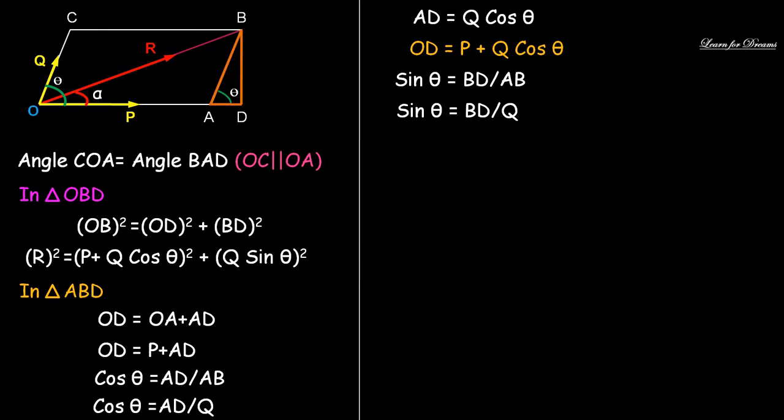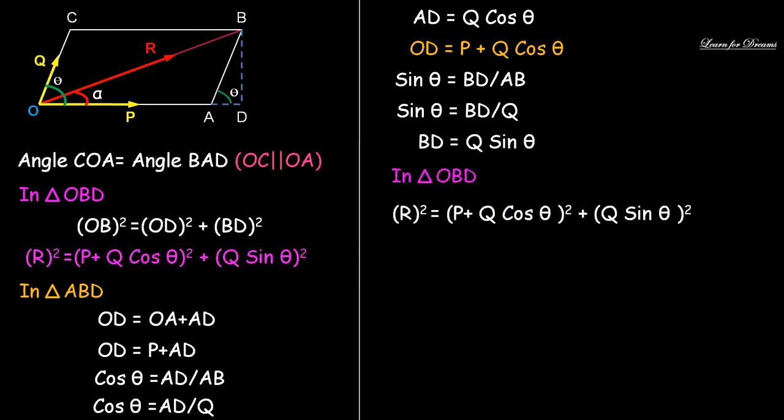So here we have got both OD and BD in terms of forces P and Q. Hence, we have the equation R square is equal to (P plus Q cos theta) the whole square plus (Q sin theta) square. Now we are going to expand the equation.